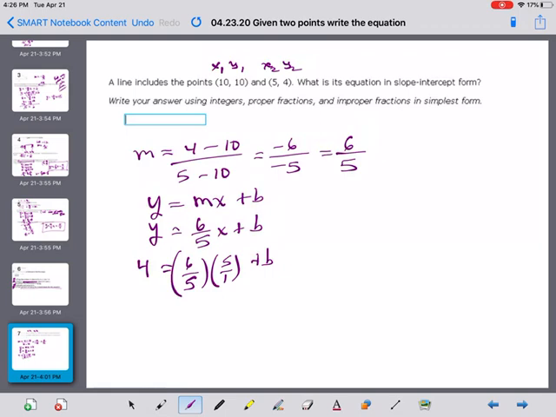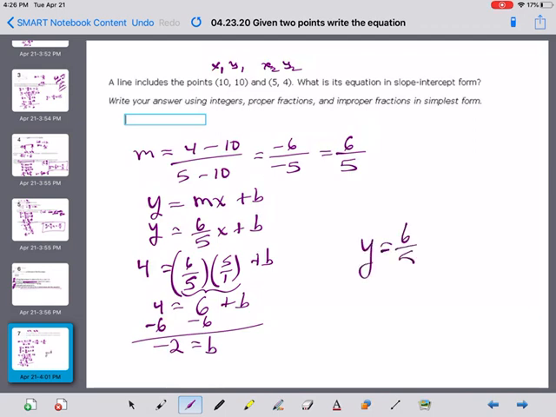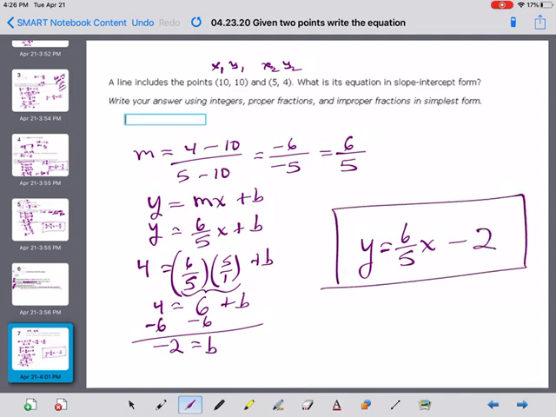And the 4 is the y. 5 times 6 is 30. 5 times 1 is 5. 30 divided by 5 is 6. That simplifies to 6. Get the b alone. Solve the equation. -2 equals b. So now go and rewrite. This is important. 6/5 x plus -2 or minus 2. And then that's what you would type in the box for IXL.